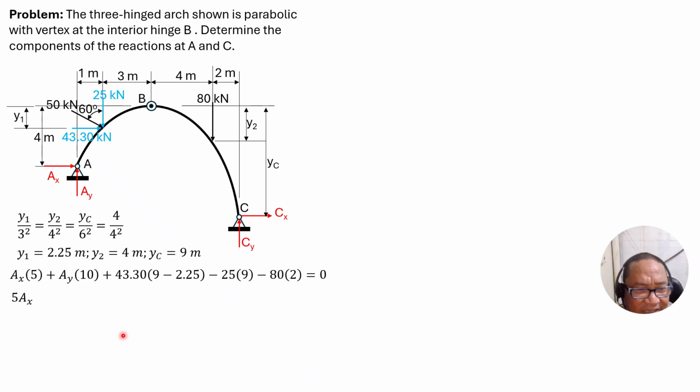Simplifying, 5Ax plus 10Ay equals 92.725. I'll call this equation 1.